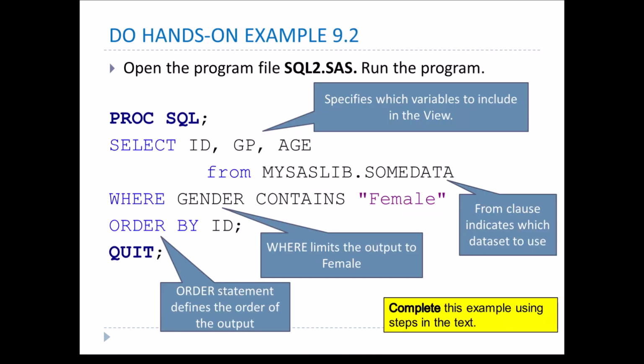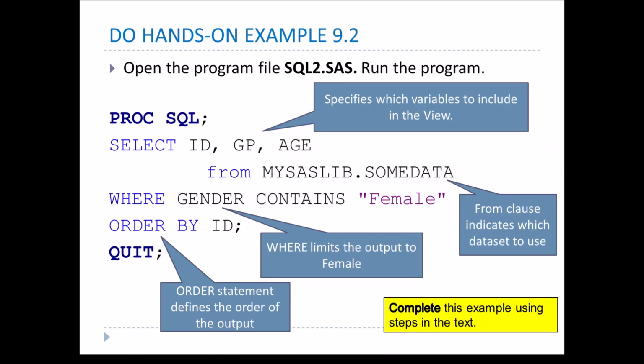So here again, we're going to add to this a little bit. Open up the program this time called SQL2.SAS and notice what it looks like. First of all, we have select, and we're going to list a few variables. Now notice there's a comma between them. So ID, comma, group, comma, age. And then where's it coming from? From the data set called SumData.